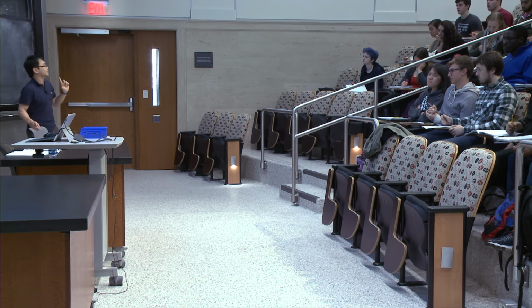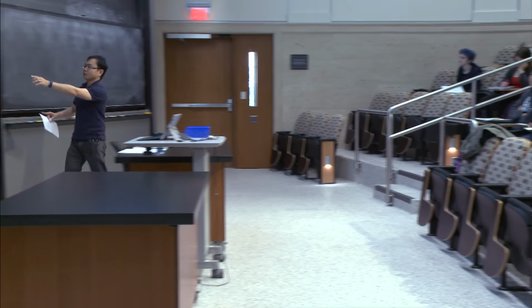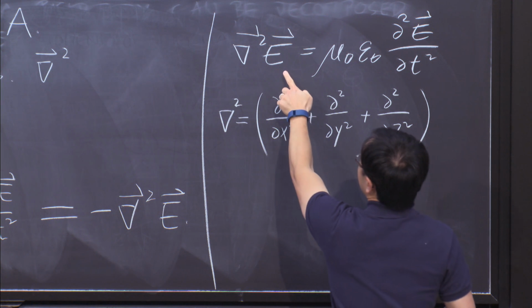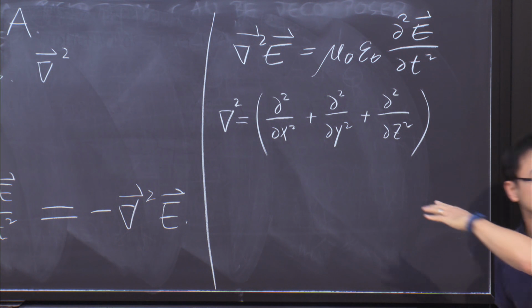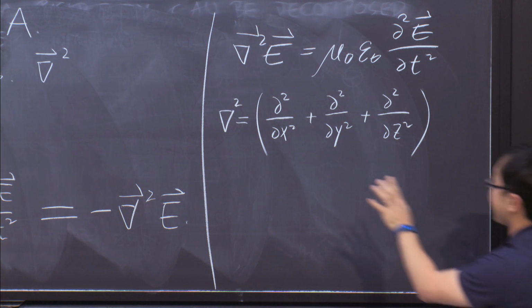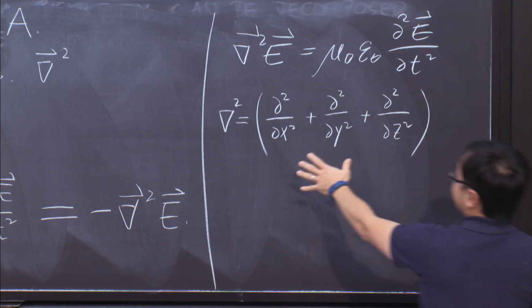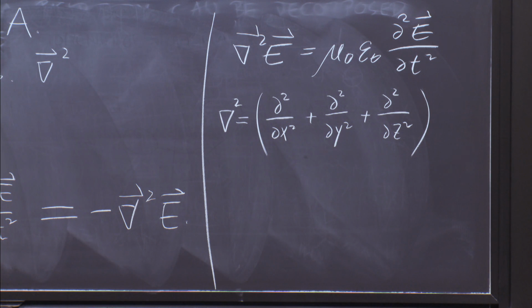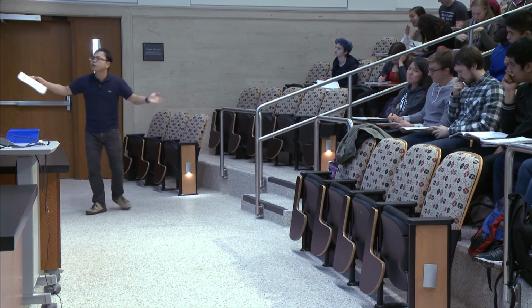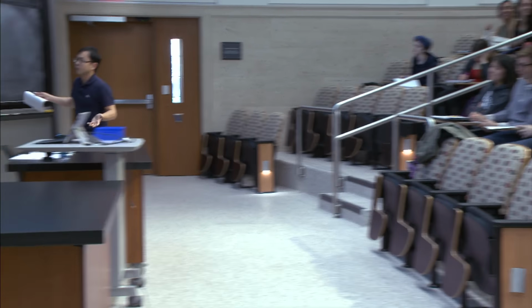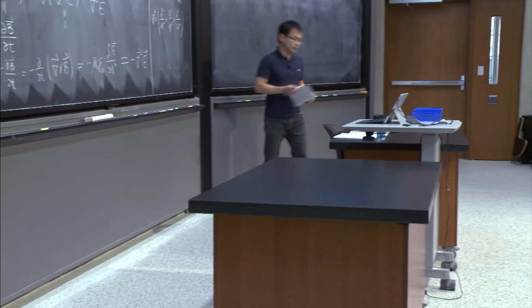You have 9 terms, right? Because each operator is acting on the vector, okay? So very important, because this is a common mistake, right? So you have 9 terms. And it looks really like a wave equation. It tastes like a wave equation, it feels like a wave equation, and therefore it's really a wave equation, right?